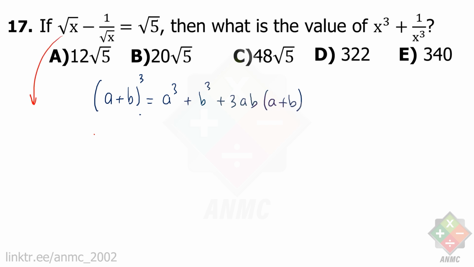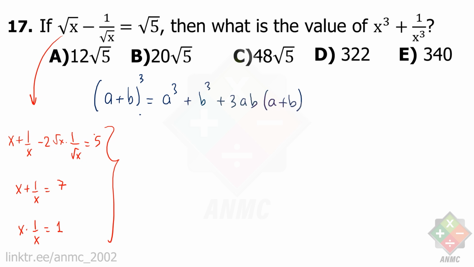What is the square of this expression? x plus 1 over x minus 2 times root of x times 1 over root of x is equal to 5. This means x plus 1 over x is equal to 7. x times 1 over x is equal to 1, obviously.